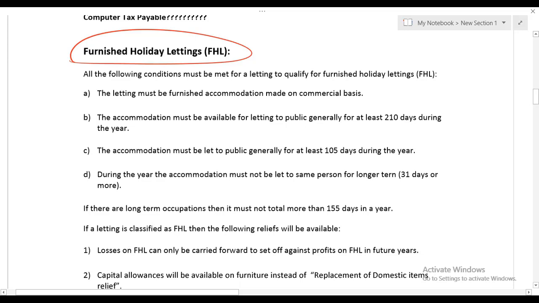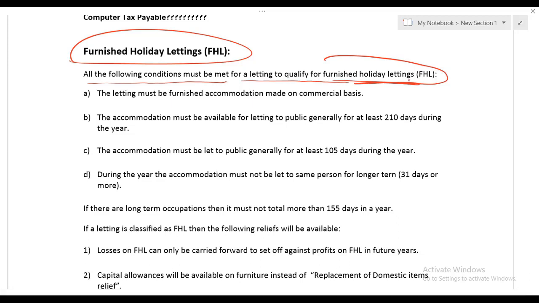Let's see what furnished holiday letting is. All the following conditions must be met for a letting to qualify as furnished holiday letting. The first thing is, it is a holiday letting. Holiday letting means the property should be at a tourist spot. Nowadays, obviously, with COVID everywhere, there is no tourist spot. But a very important concept is that it must be a holiday letting.